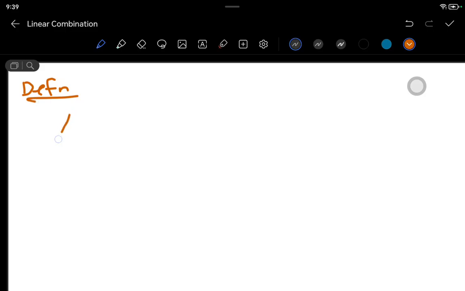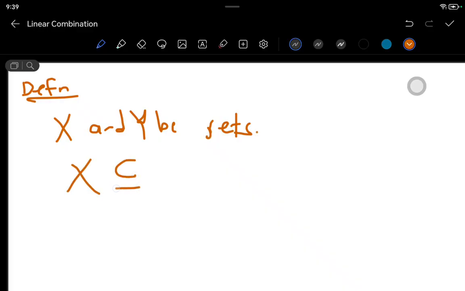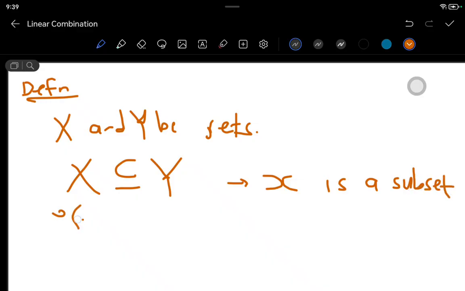So, the first definition that we come across: if we let x and y be sets, and all the elements of x are found in y, then this means that x is a subset of y. This is just some revision from set theory, right?